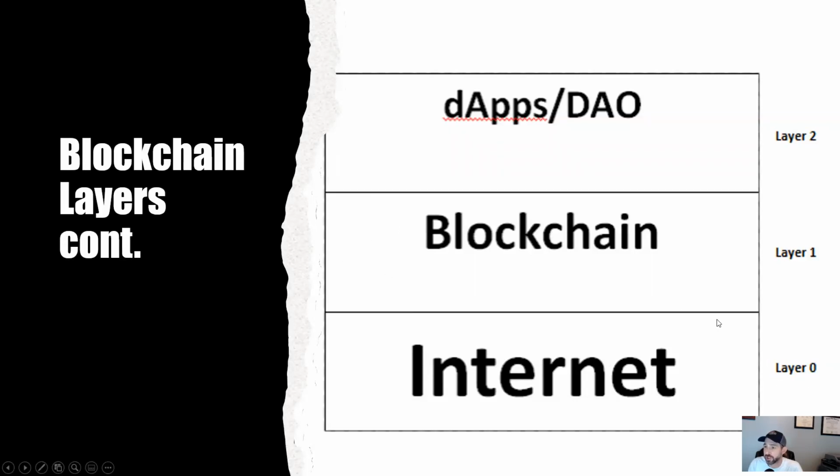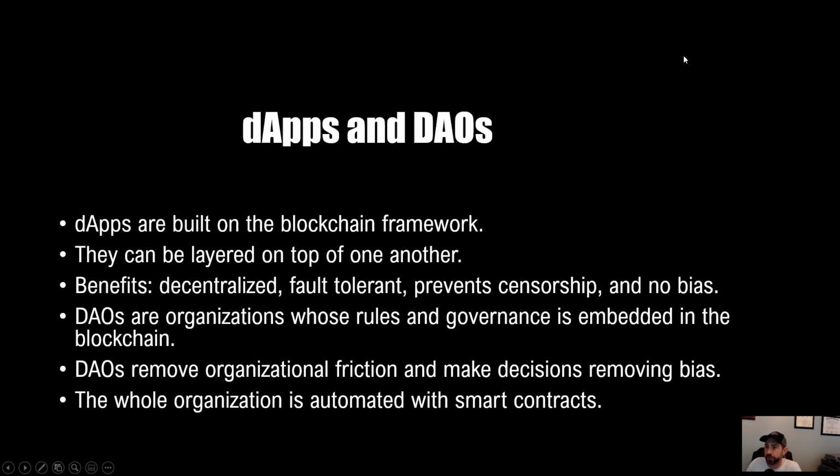Layer 1 is the blockchain layer, and then you have dApps and DAOs and so forth. I'm not going to get into it, but you've heard of Web 3.0 and Metaverse and other things that I may cover in a future video. As of right now, just know that these are going to start to interact with all those things.